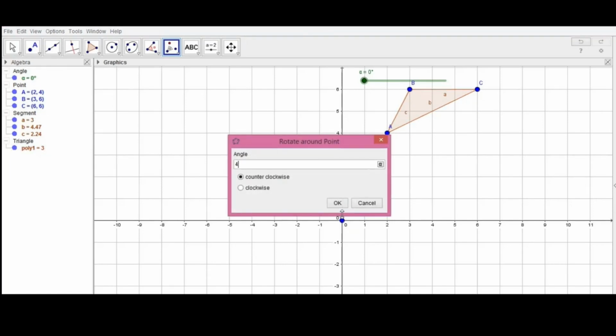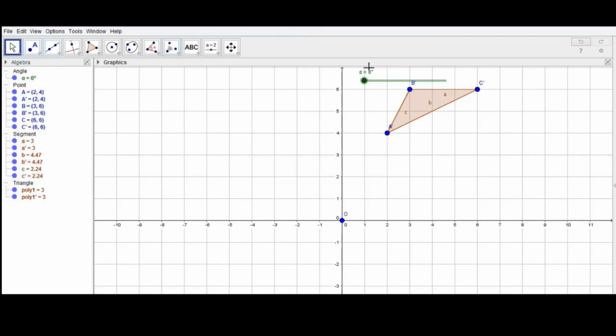I'm going to change the figures over here to the symbol alpha because that is what we have over here. Alpha represents the various rotations we can perform, and we are performing an anticlockwise rotation, so I'll leave counterclockwise ticked and press OK.